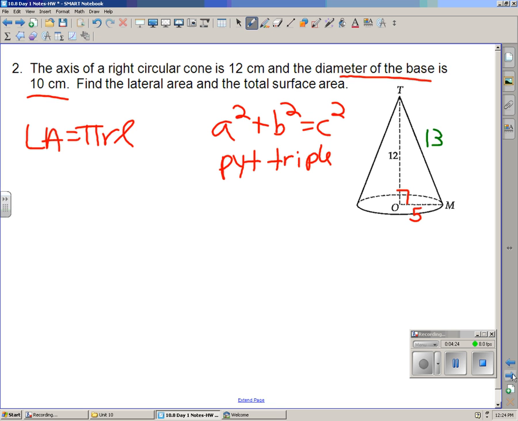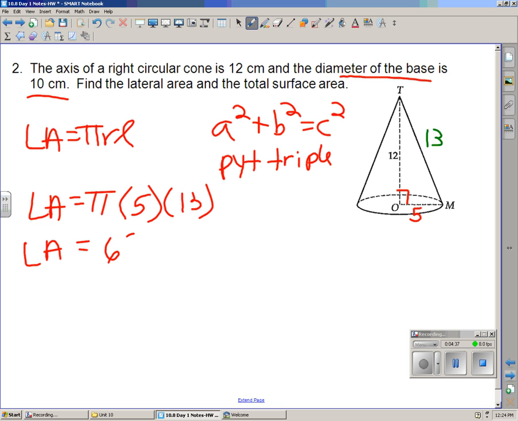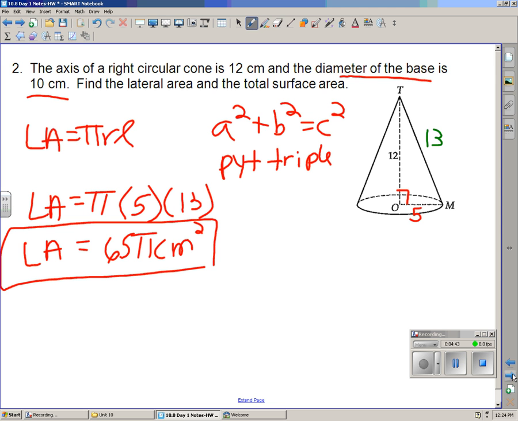So then what happens is lateral area equals pi times the radius, which we know is 5, times the slant height, which we know is 13. And then that's going to give you the answer of lateral area being 65 pi centimeters squared. Surface area, just as easy, right?